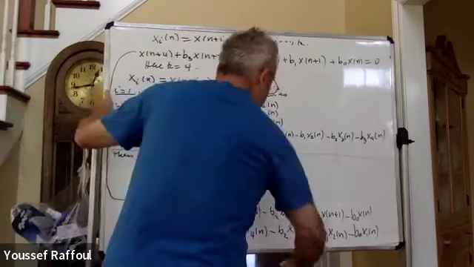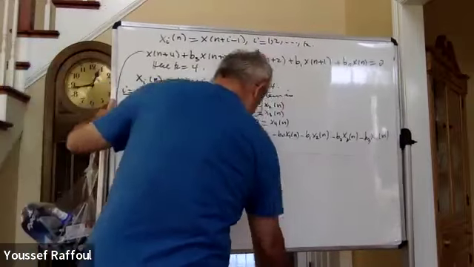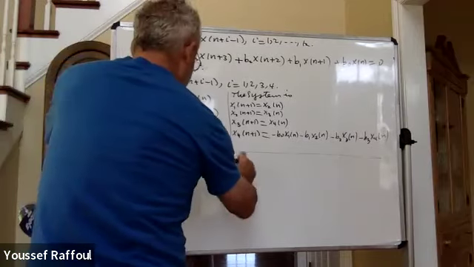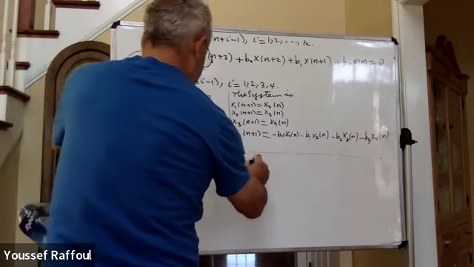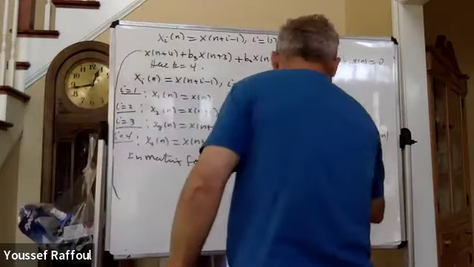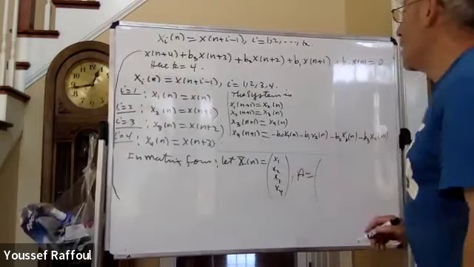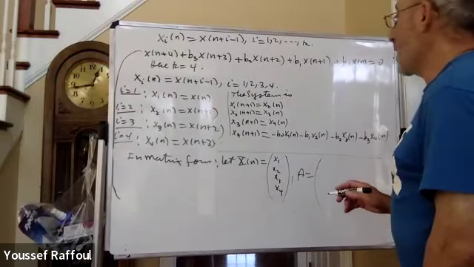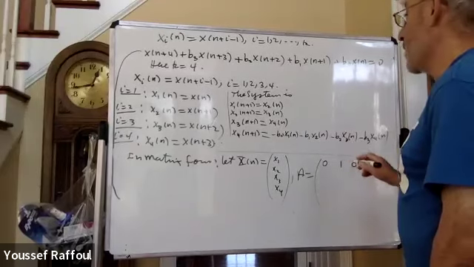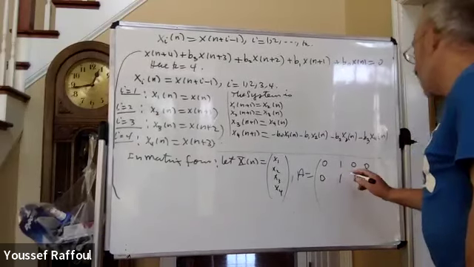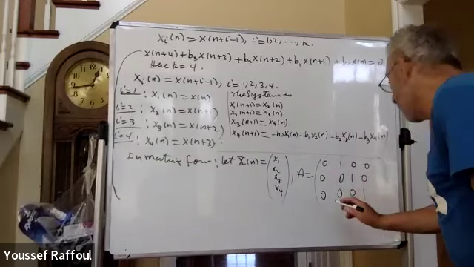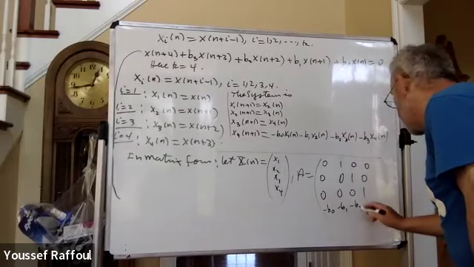So in matrix form, we let x of n equal to x1, x2, x3, x4, and A, this is a matrix, equal to: x1 of n plus 1 will be 0, 1, 0, 0. x2 of n plus 1 will be 0, 0, 1, 0, then 0, 0, 0, 1, and then minus b0, minus b1, minus b2, minus b3.